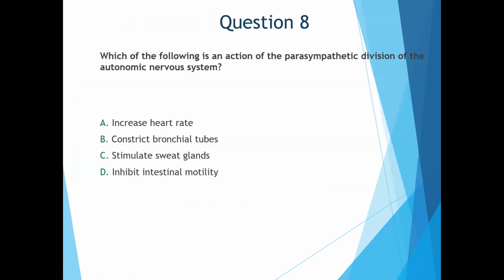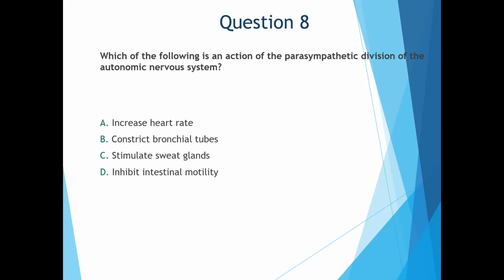Okay, which of the following is an action of the parasympathetic division of the autonomic nervous system? A, increase heart rate, B, constrict bronchial tubes, C, stimulate sweat glands, or D, inhibit intestinal motility. This is probably a little bit tough because I didn't go super in depth into each individual function.